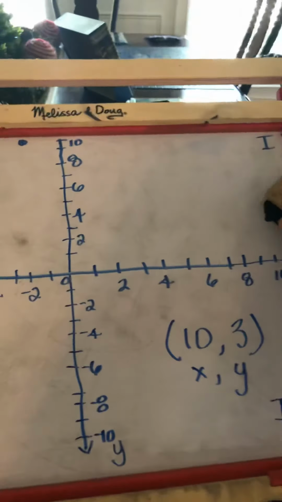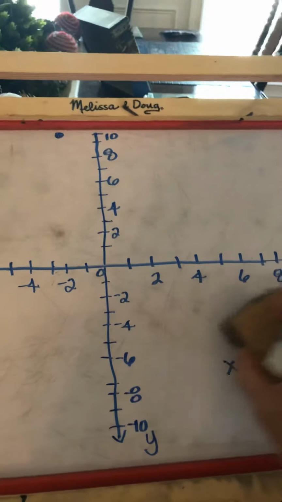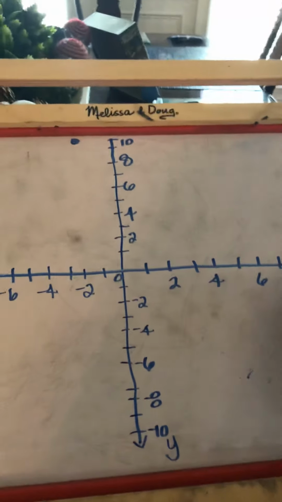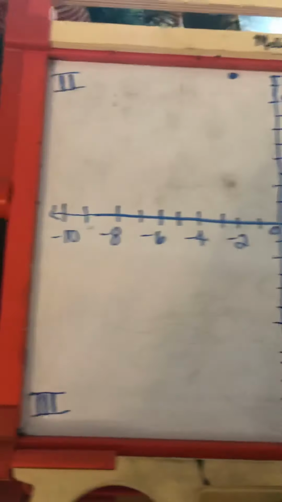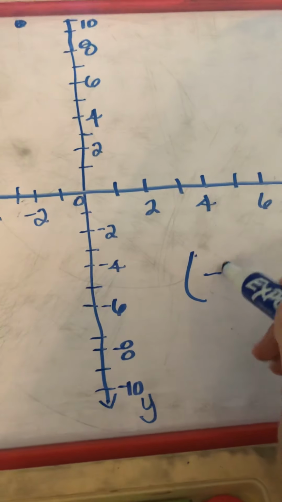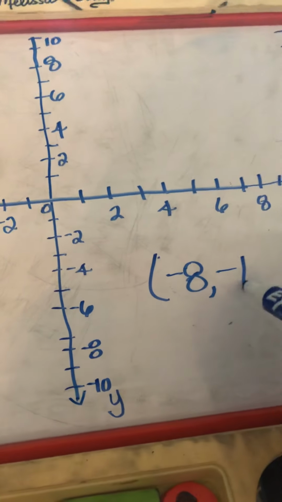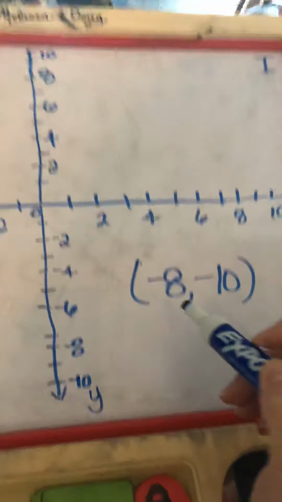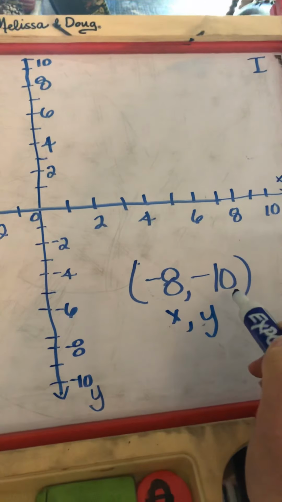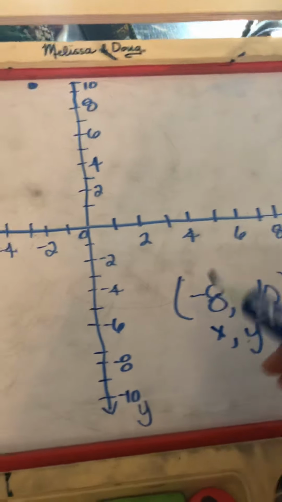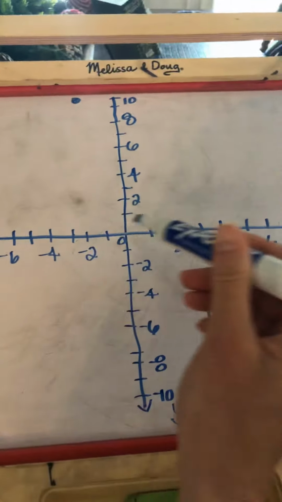Okay, let's do one more. Let's say it gives us the ordered pair -8, -10. Okay, so again, I've got my x value first, my y value second. My x value is -8, so again, I'm moving left or right first.